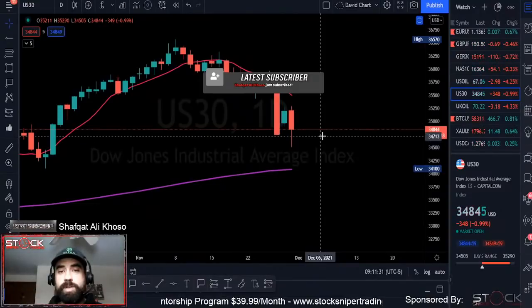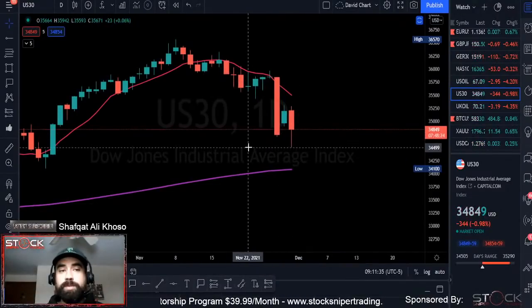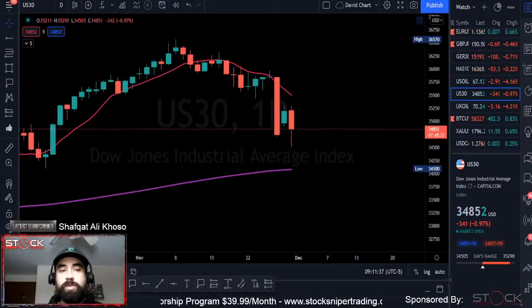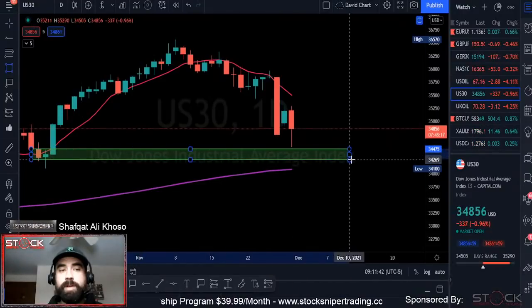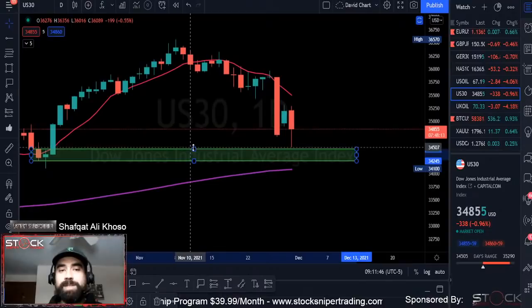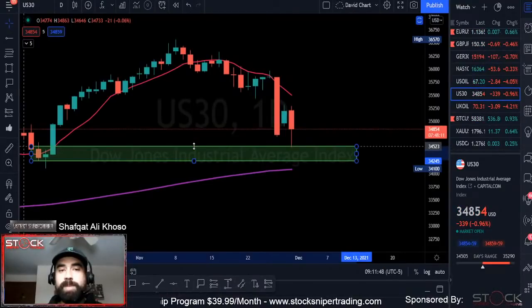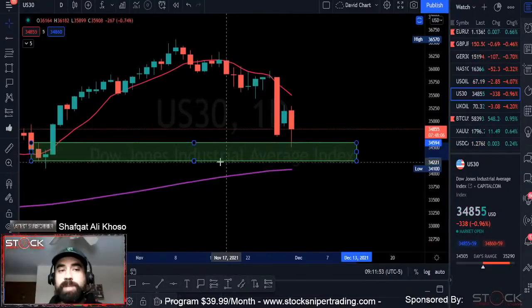So check out US 30. We have a nice bottom wick forming right here, and where is that? At previous structure over here. So what I want to grab is this previous supply area. Sorry, not supply, it's demand. That is my bad. This previous demand area. I'm going to gather the top wick right here of this body. You can see that's where we dipped down below.